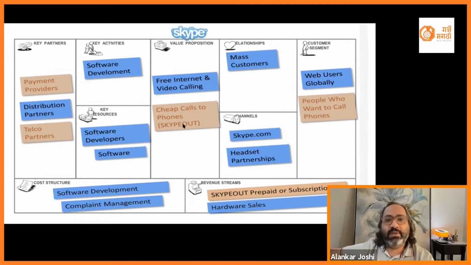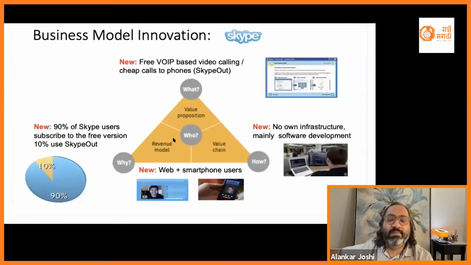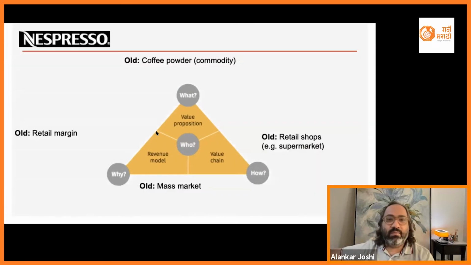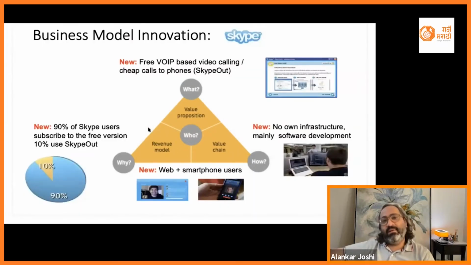That was the innovation that they brought, which over time, I would say, to a very large extent, disrupted the whole telecom business, right? So basically, they innovated around all these four dimensions.